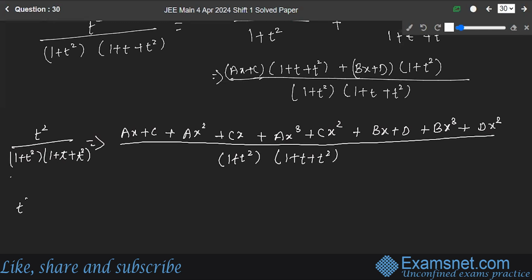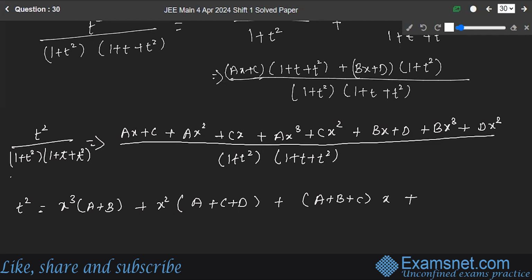Correct. Now that means you have t square is equal to, I'm combining the terms like x cube, it will be a plus b, x square, a plus c plus d into x plus c plus d. Sorry, I wrote x over here. It was supposed to be t at all these places. Here was d, here was t, and here was t.